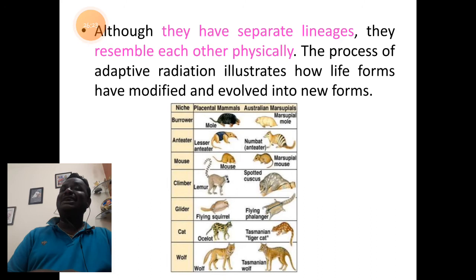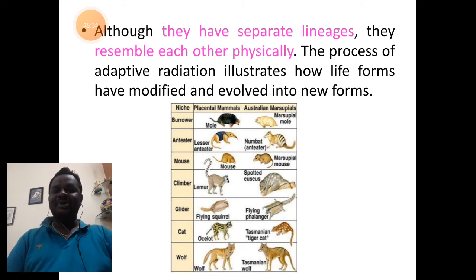So this is the importance of adaptive radiation. With this we are completing the concept of adaptive radiation. So we have learnt the concept of atavism and the concept of adaptive radiation. Both are the best examples related to the anatomical evidences of organic evolution.